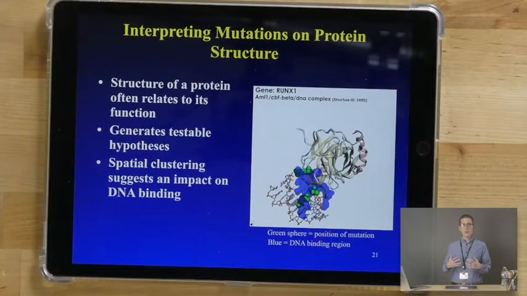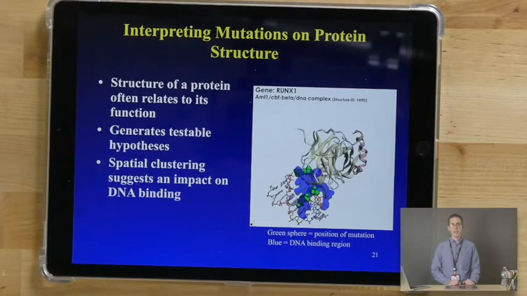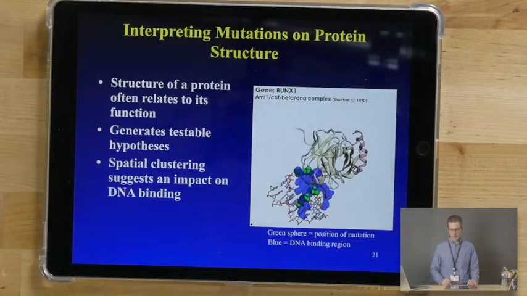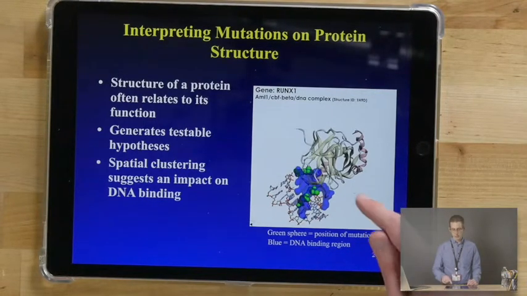Another way of understanding mutations is to look at them on protein structure. Often protein structure relates to the function of a protein, or what it does. This is because protein structure gives you information about the shape of a protein in three-dimensional space.